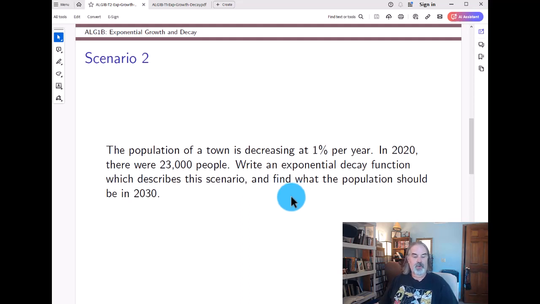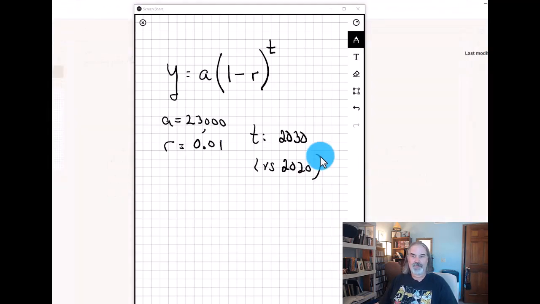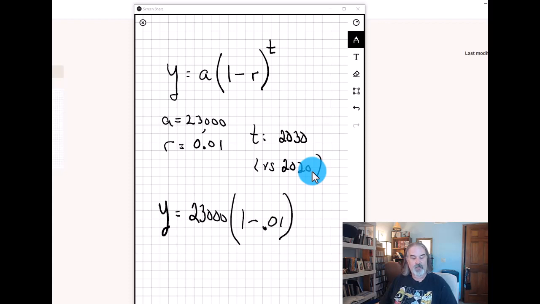Oops, sorry, I'm not showing you the right screen. The question says, what's the population going to be in 2030? But that's 2030 as compared to the starting time of 2020. So load this up. Y equals the original amount A, 2,300 times 1 minus the rate of decrease, 1 minus 0.01, raised to the t.